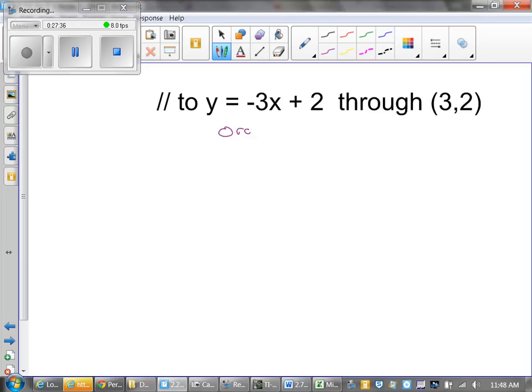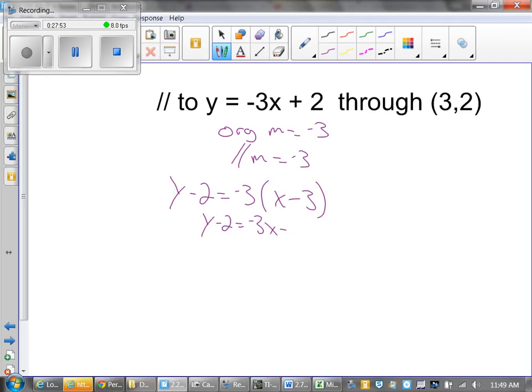So the original slope is -3. It's a parallel problem. So you get y minus 2 is -3 times x minus 3. -3x plus 11.